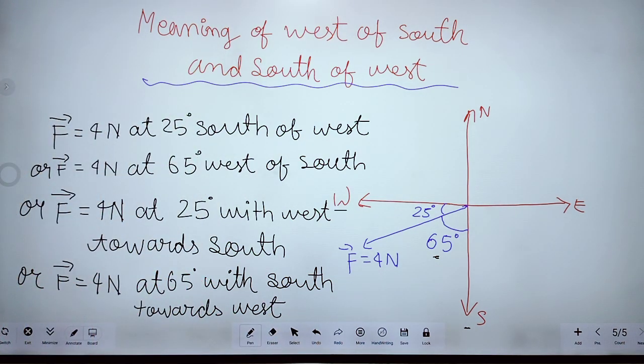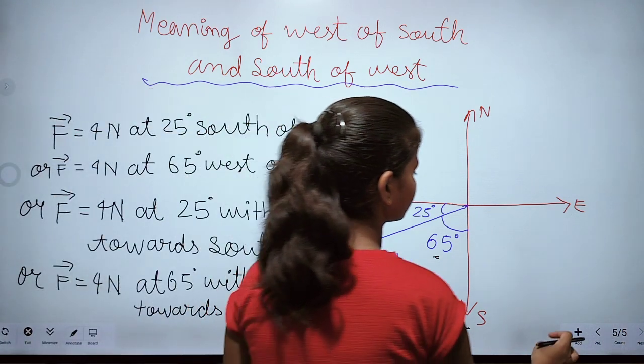Okay. Force is equal to 4 Newton at 65 degree with south towards west. Okay, so I hope you understand the meaning of west of south and south of west. Now move further.